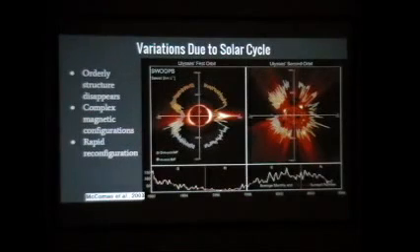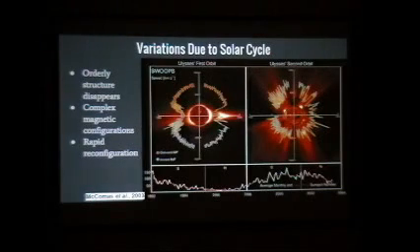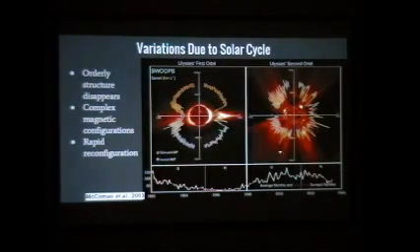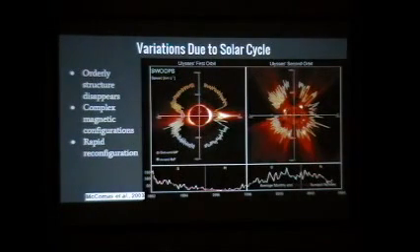All right, so I mentioned a little bit already that CIRs don't really change with solar cycle. But the rest of the solar wind does. So we'll talk a little bit about how that happens. During solar maximum, the orderly structure of the solar wind completely disappears. This is the same image that you saw of the solar wind from Ulysses at solar minimum, and this is the equivalent orbit of Ulysses at solar maximum.